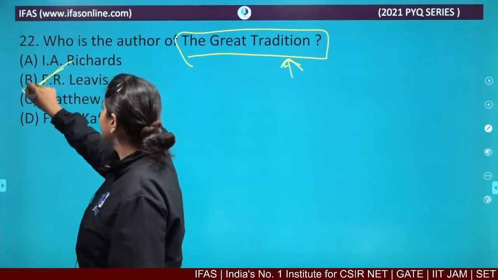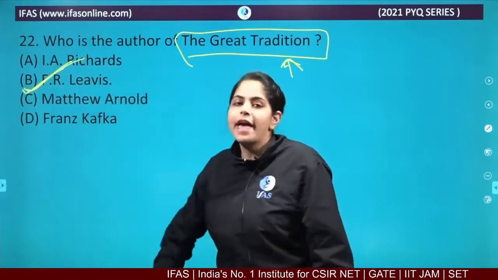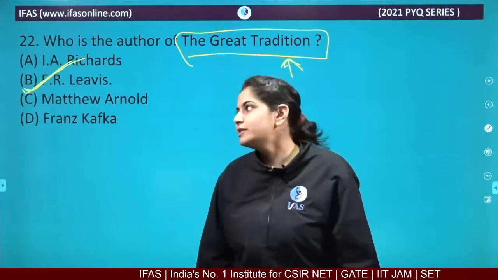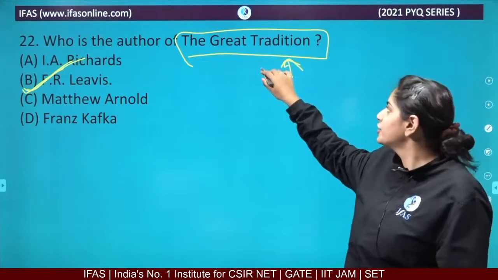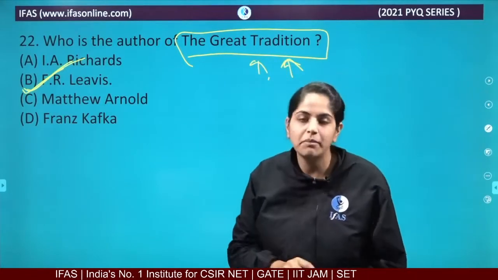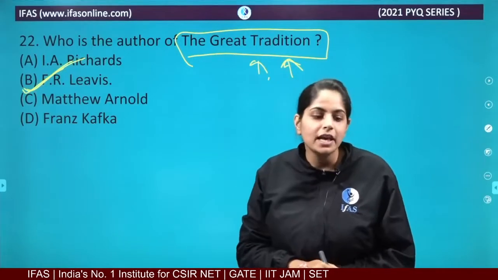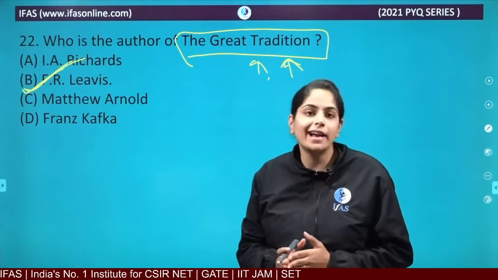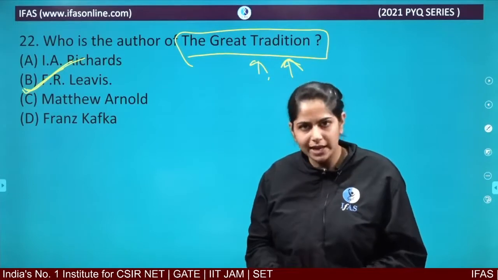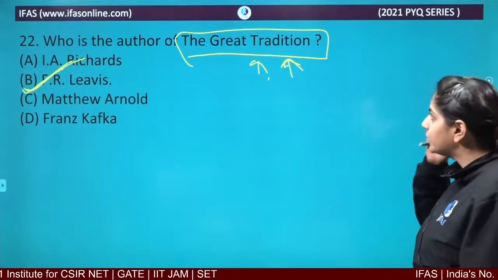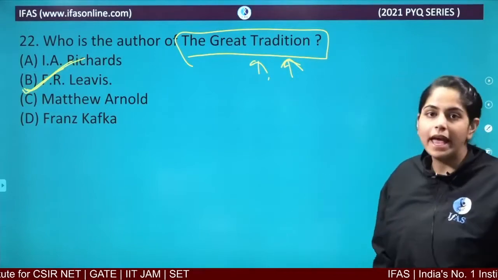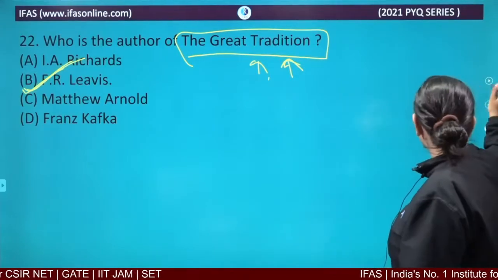Who is the author of this Great Tradition? It's F.R. Leavis. F.R. Leavis has written this work, The Great Tradition. This is an essay written by F.R. Leavis. If you have not read it, go and read it today itself, and I can assure you that this will help you in your future studies as well.